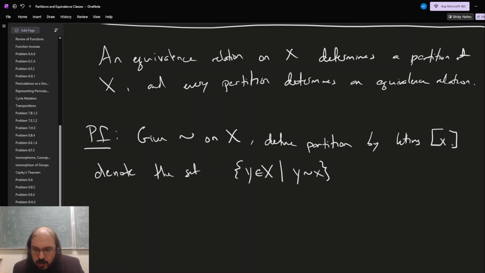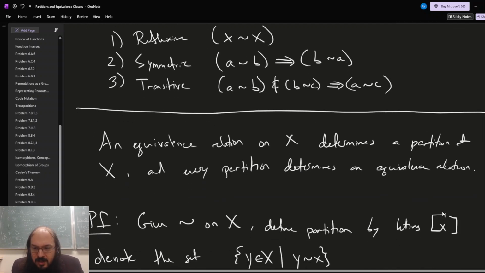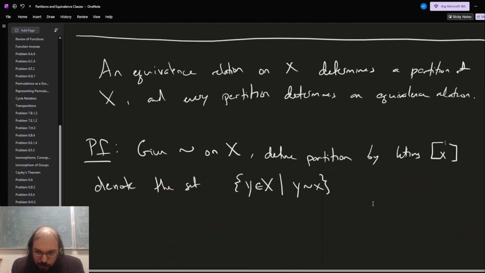In other words, this thing is not the element X, it's the set of all things equivalent to X. Now, by the reflexivity part, X is equivalent to itself, and so that's a perfectly good thing to include, right? X is in square brackets X, but so are probably a bunch of other things.